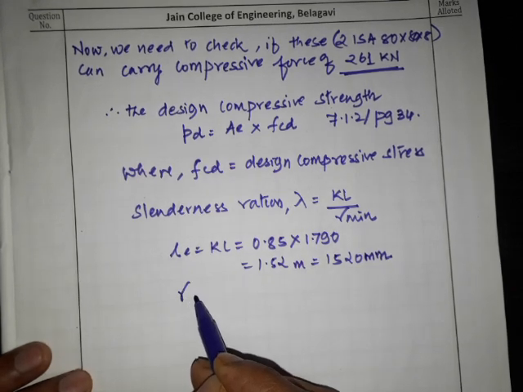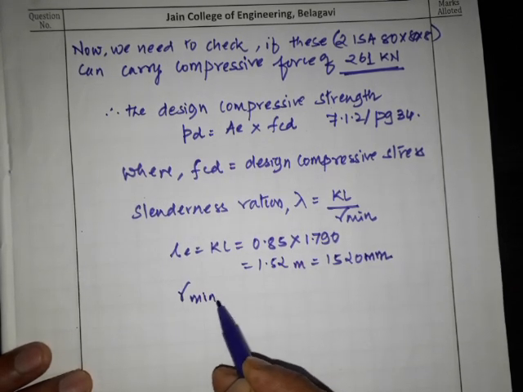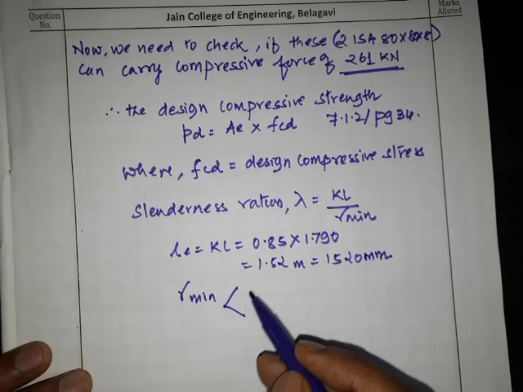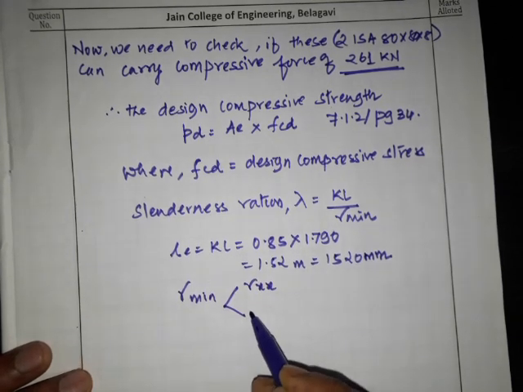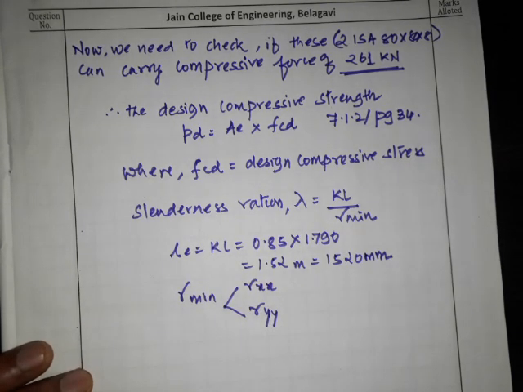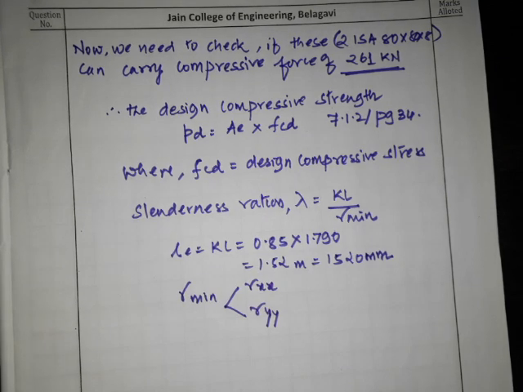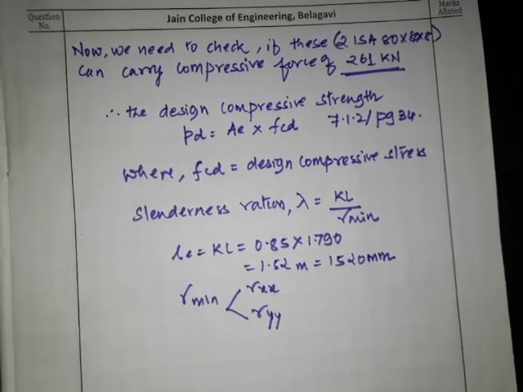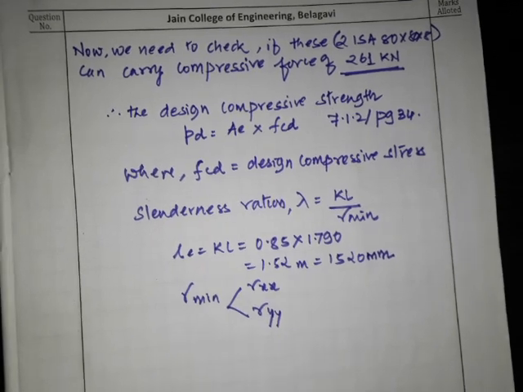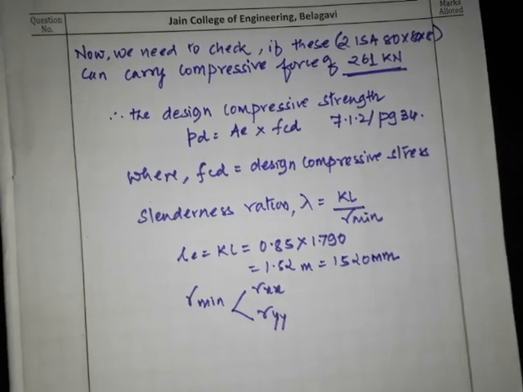R minimum is nothing but the least of the values of RXX and RYY. I'll show you how to refer that. For that you have to refer to the steel table.